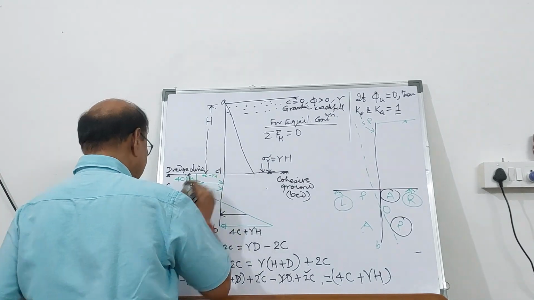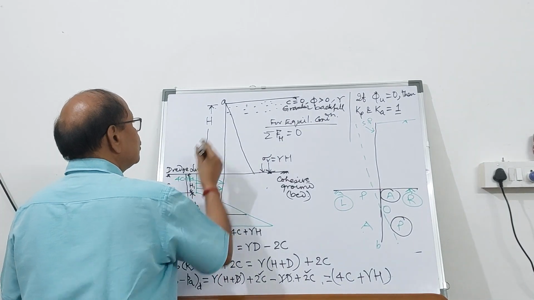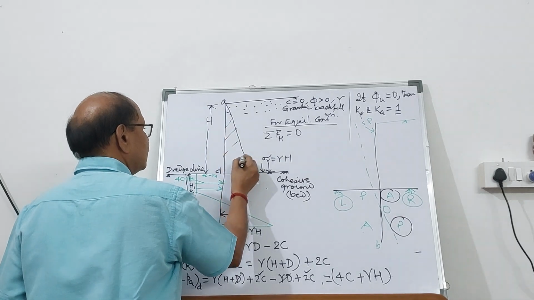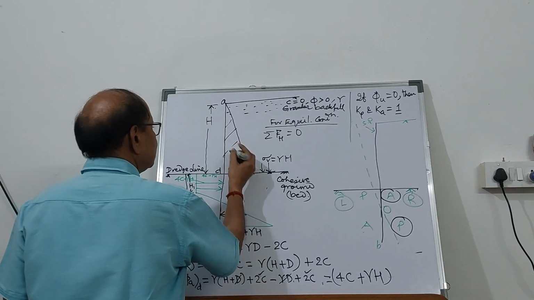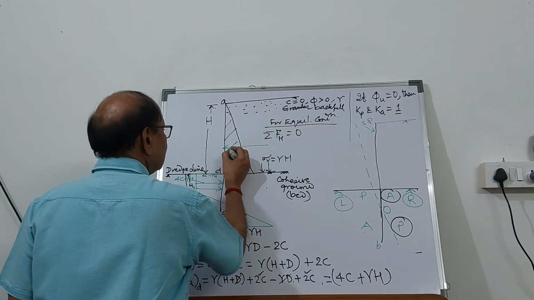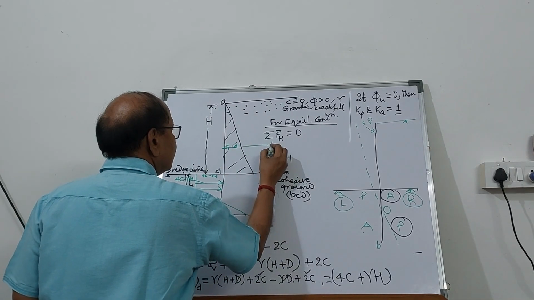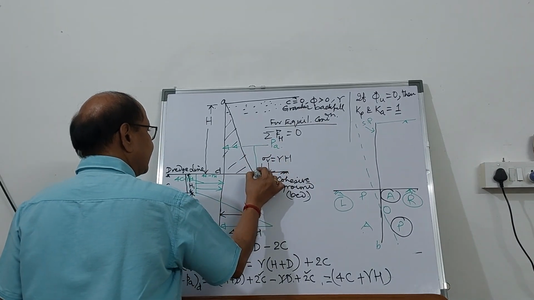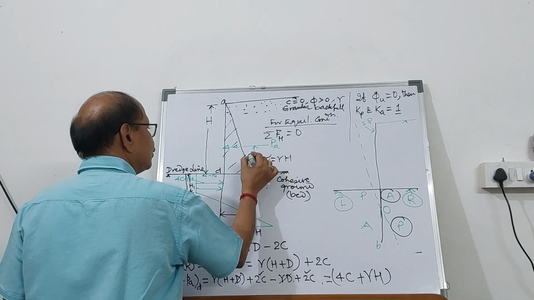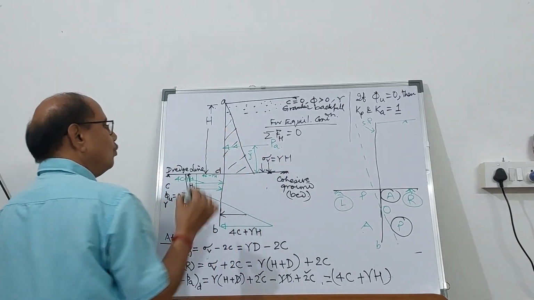Let's say the resultant of this active pressure is PA, which is acting at a distance y bar.